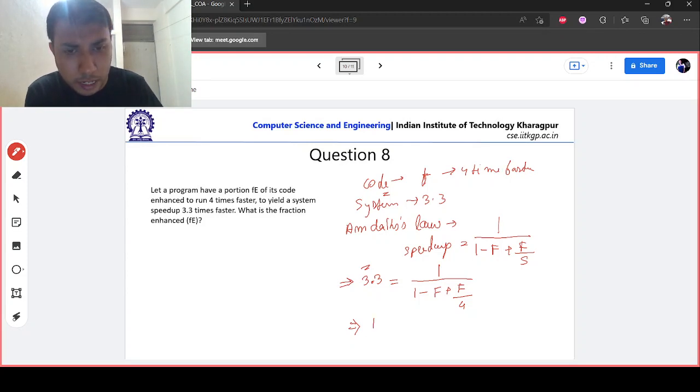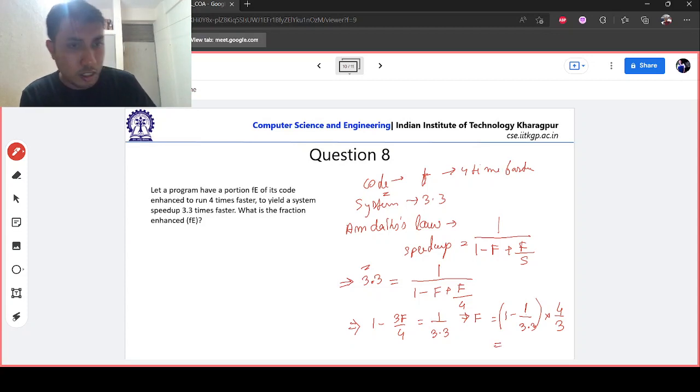So we can write this as 1 minus 3f by 4 equals 1 by 3.3, or f equals (1 minus 1 by 3.3) times 4 by 3.